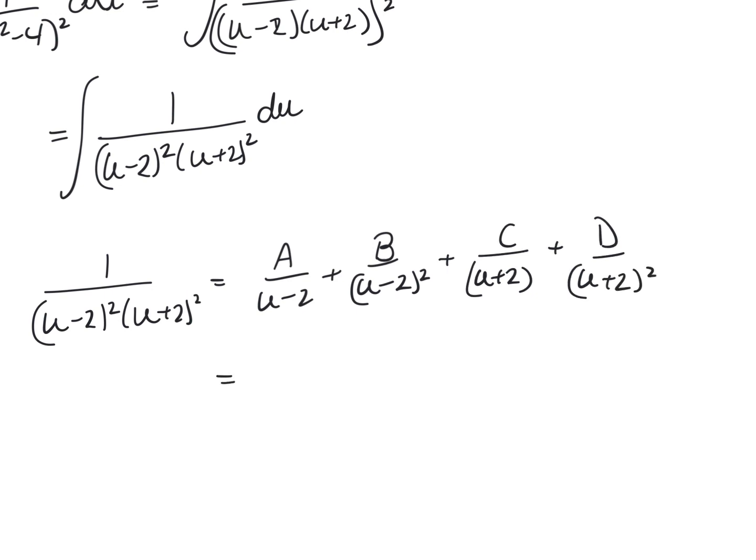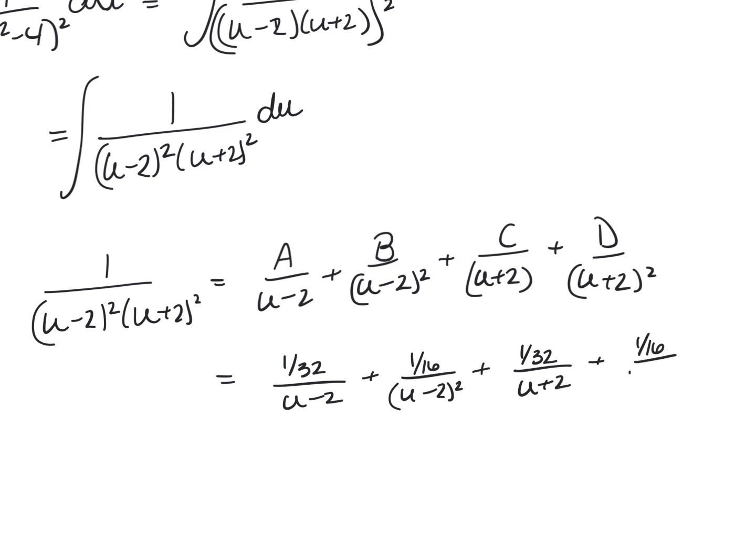What this then becomes is my A, which is over the u minus 2, is 1 over 32, u minus 2. My B, which is over the u minus 2, the quantity squared, is 1 over 16, u minus 2, the quantity squared. My C, which is over the u plus 2, becomes 1 over 32, u plus 2, and then my last one is 1 over 16, u plus 2, the quantity squared.